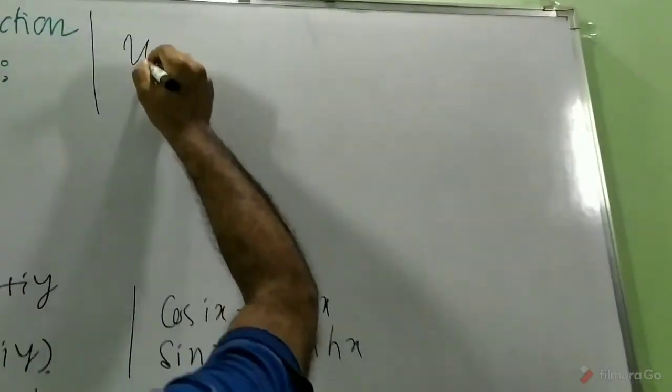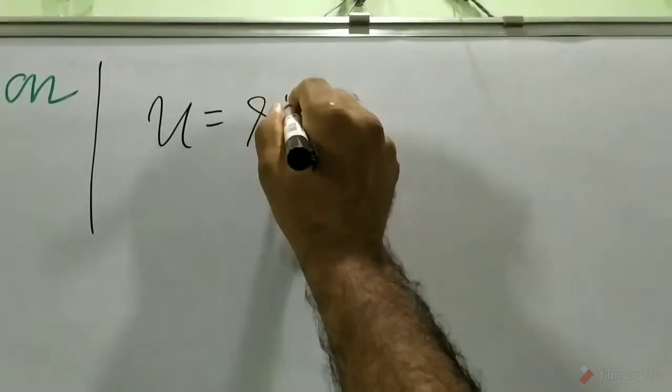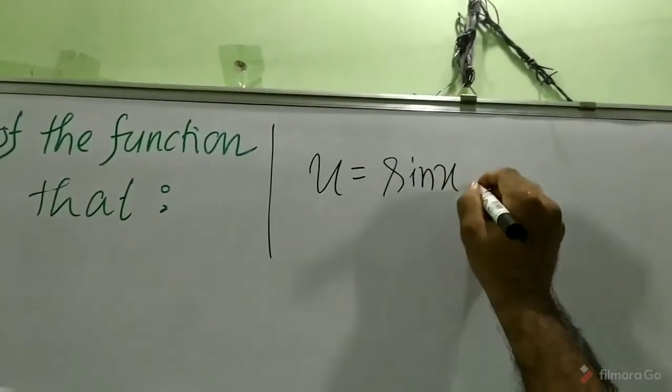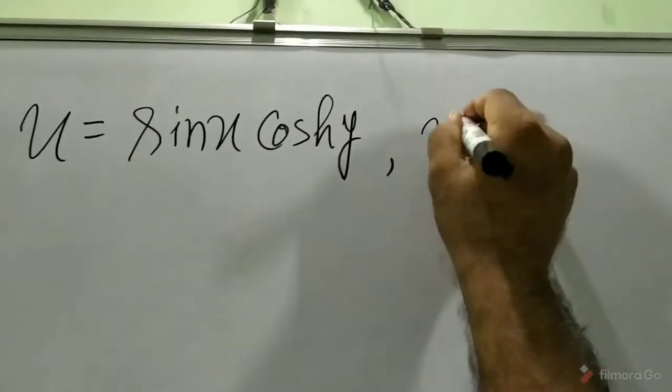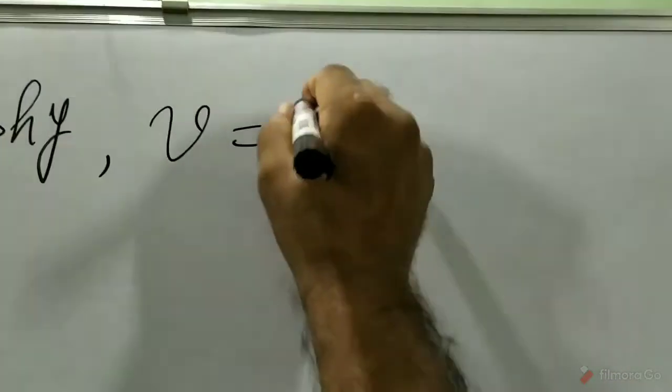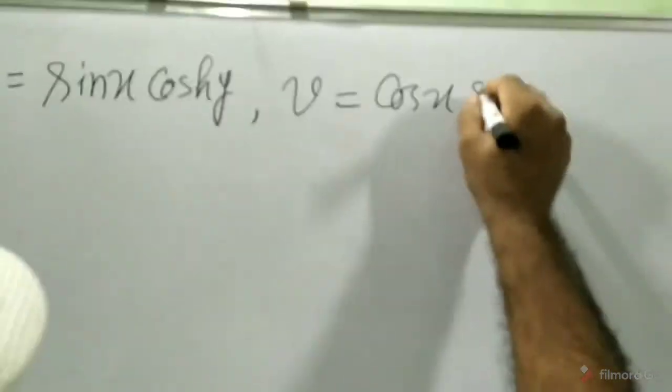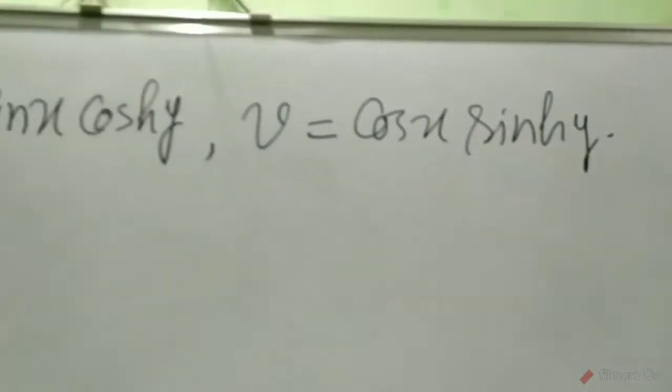Now I rewrite this result: u equal to sin x cos hyperbolic y and v equal to cos x sin hyperbolic y.